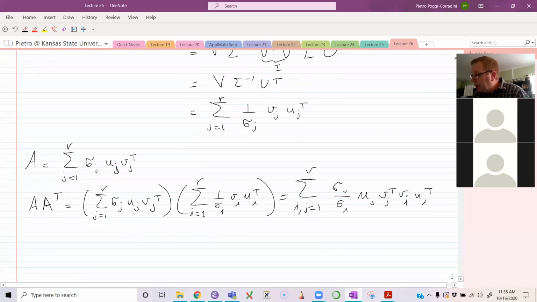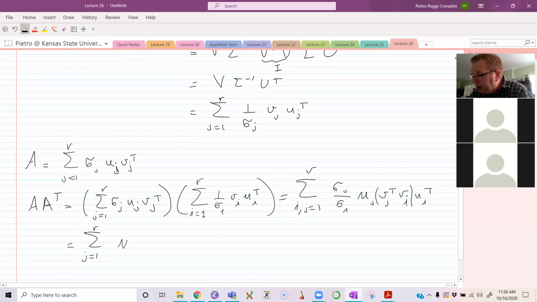So all of these inner products here are either 0 or 1. Basically, the only thing that survives in the sums are the diagonal elements. And when j equals i, you get 1 here.